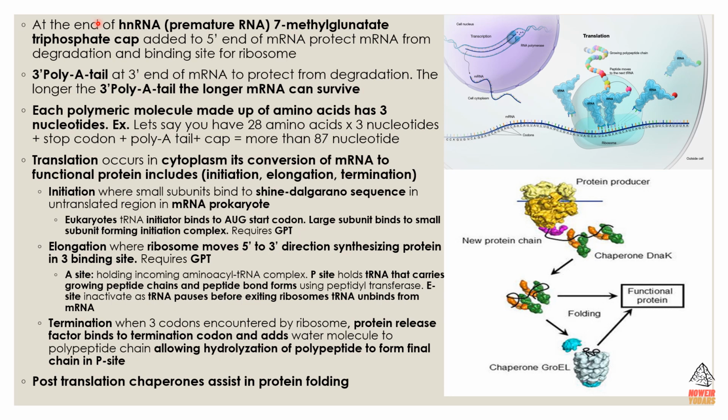The longer the 3' poly-A tail, the longer the mRNA can survive. This could be a question on the test: what is an important factor for an mRNA to survive longer? You would say extend the poly-A tail at the 3' end of the mRNA.